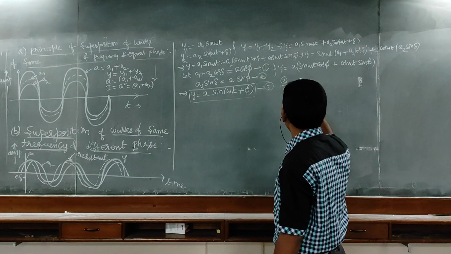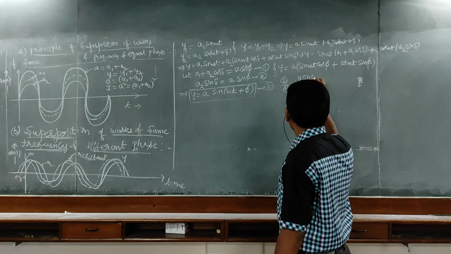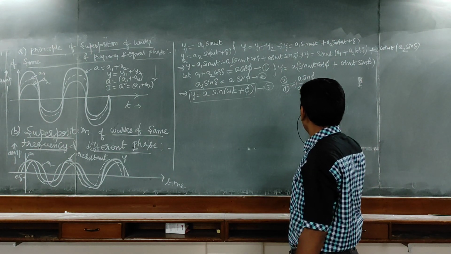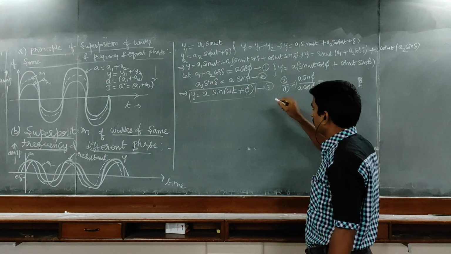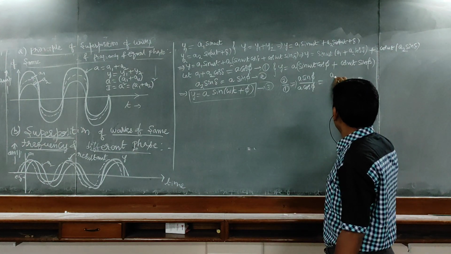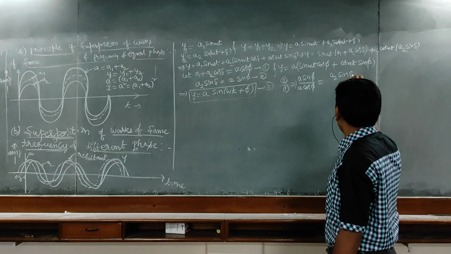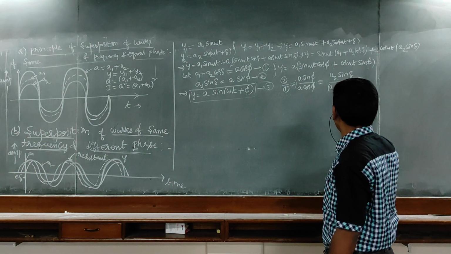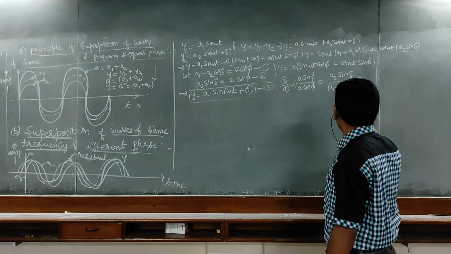Then what happens? a sin phi divided by a cos phi is equal to a2 sin delta divided by a1 plus a2 cos delta.